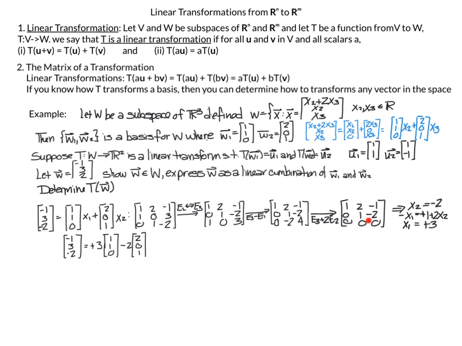We do the row operations, and you can see we get x2 is equal to -2, and then x1 is equal to -1 minus 2x2, so plugging in -2 for x2, we get that x1 is equal to 3. So here I've written (-1, 3, 2) as a linear combination of my two basis vectors: x1 is equal to 3 times my first basis vector, (1, 1, 0), and x2 is equal to -2 times my second basis vector.